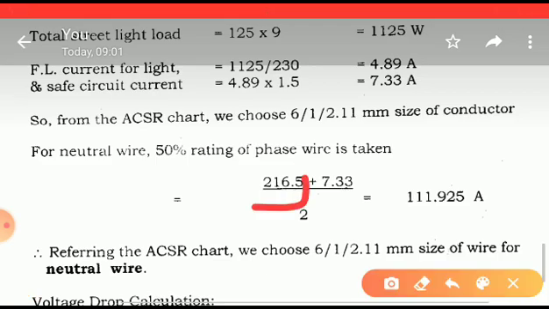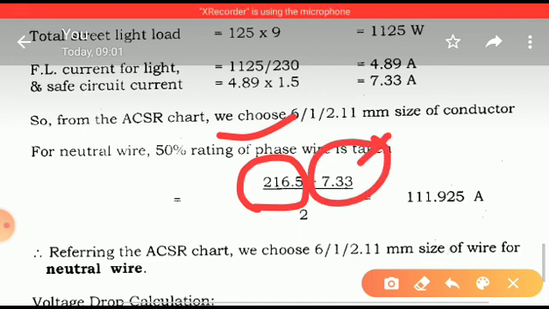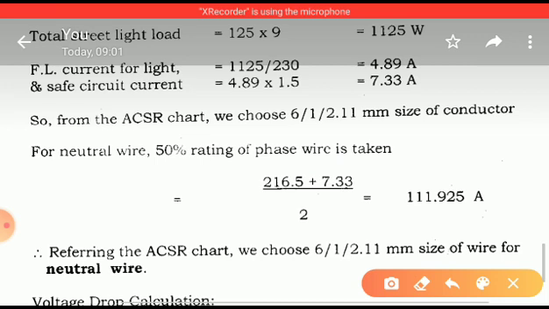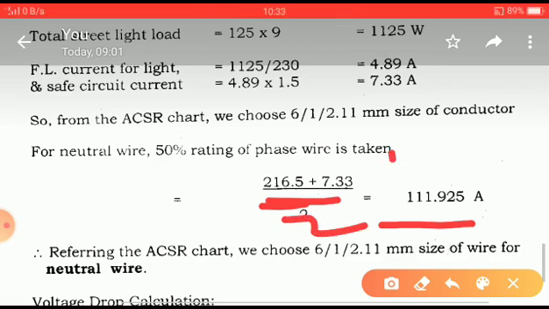First, 216.5 is the load current, and 7.33 is the current for the street light, divided by 2, this is the average current. So we are getting 216.5 plus 7.33 by 2, which is 11.925 ampere.